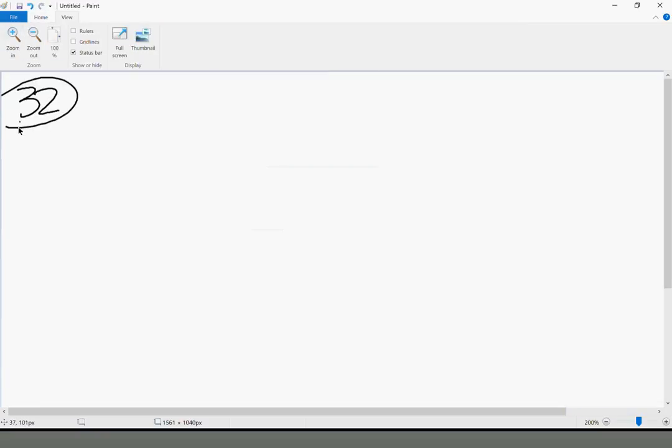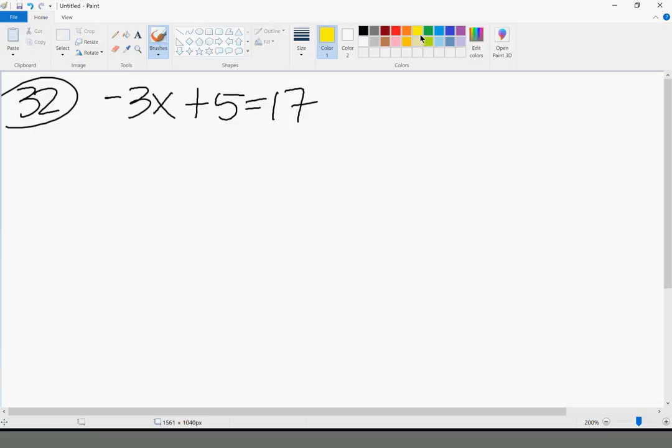So 32, negative 3x plus 5 equals 17. So I'm solving for x, so I want to get x by itself. Let's just figure out where's x. Here's x right here. So in order to start getting x by itself, I want to get the term that has x by itself.